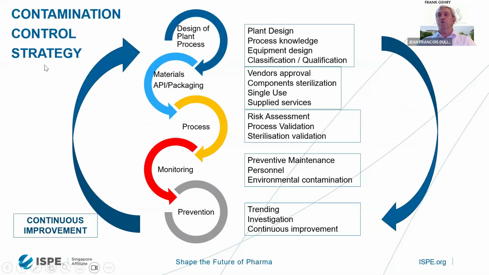The contamination control strategy, this is something which is needed by Annex 1, but we use it very, very often for ATMPs as well. For instance, we are designing in a very specific way the design of the plant and the design of the processes.